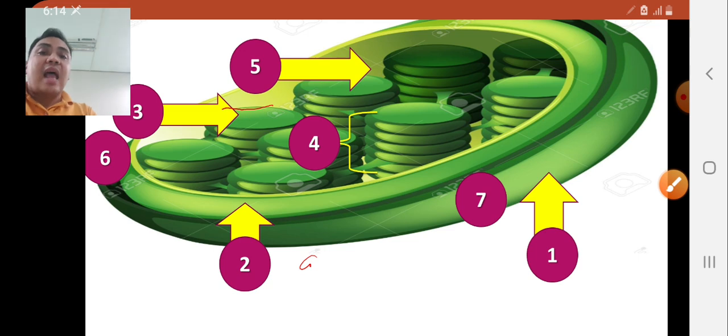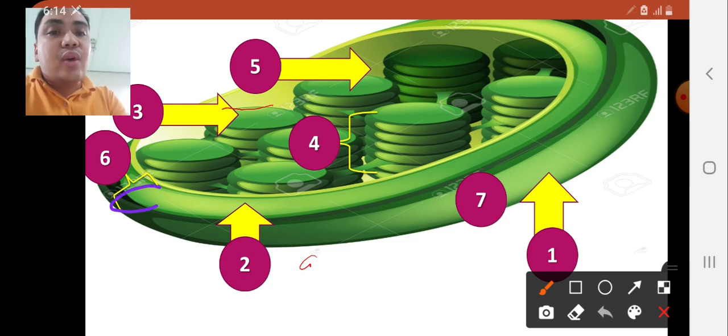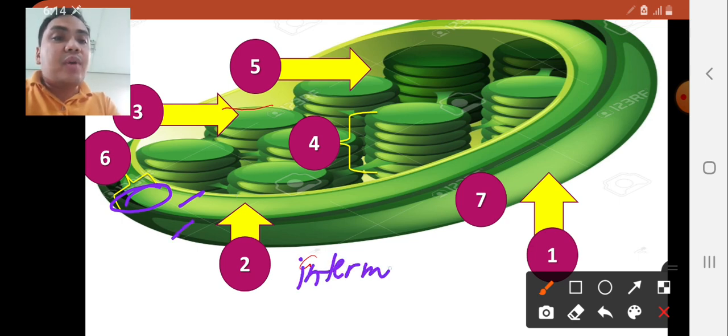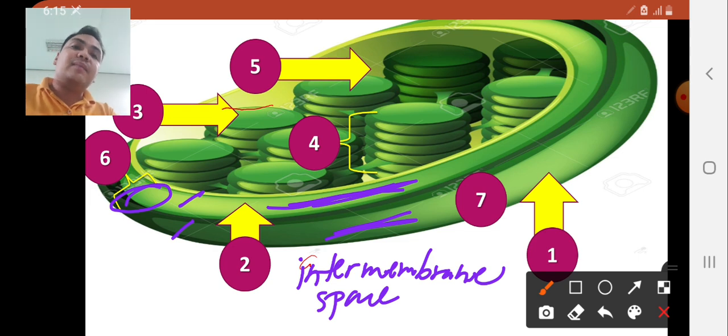Let's have the next one, number 6. As you notice, there is a narrow space between the inner membrane and the outer membrane known as the intermembrane space, just like in the case of the mitochondrion.